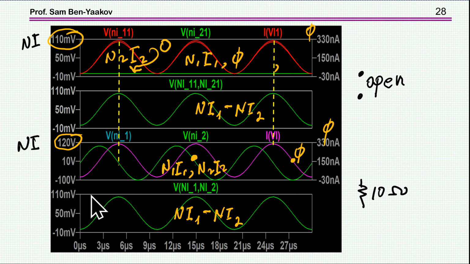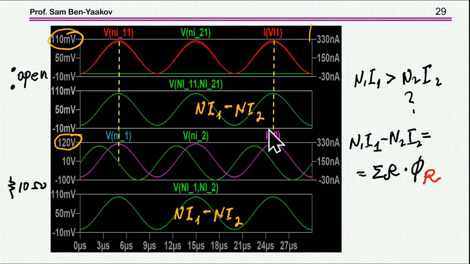So we see a major MMF, a large peak here because of the input current, but the flux in the core is related to the difference in this MMF, which is reactive. Now this means that the MMF at the input is larger than the MMF at the output. Well, by a small value. This is this value here, okay?